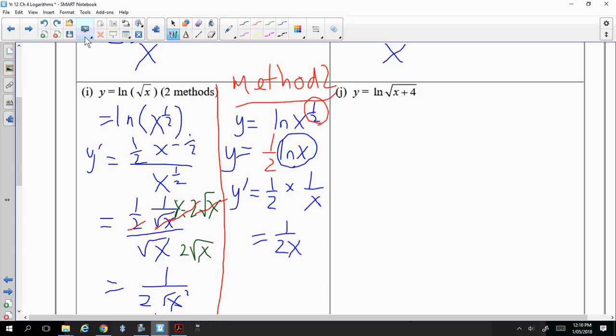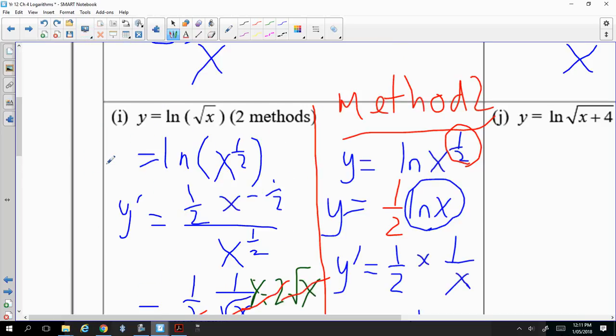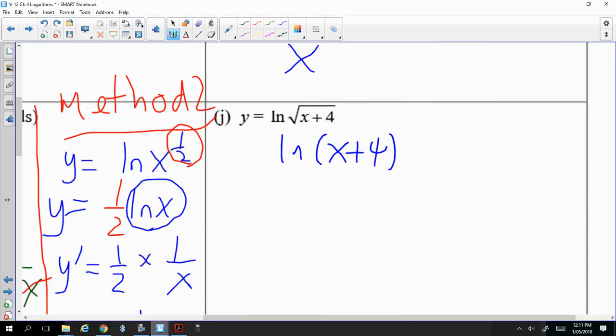Use the log law again, because every time you see square root, write it as x plus 4 to the power of half. And then to make it easier, bring the half down. Remember, this is not derivative. Sorry, I did it wrong. This is still y. Y is half ln x plus 4. This is just log law.